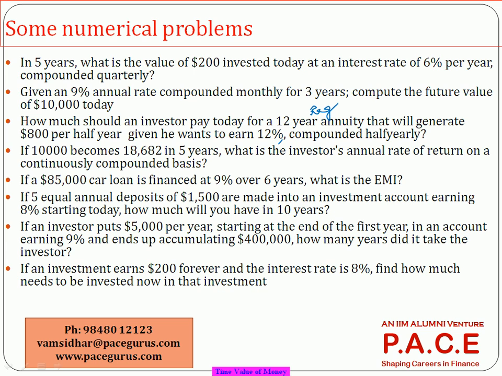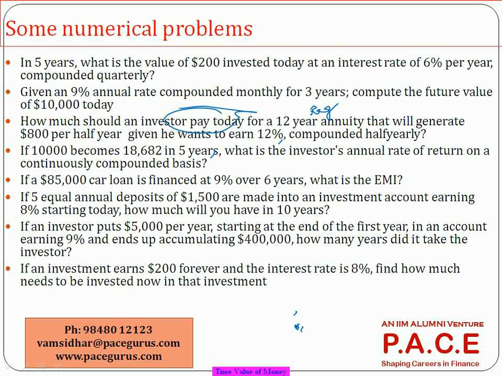What are all the various numbers I can enter here? First of all, what is it that I have to compute? He has to compute PV, because he has to find out how much should be invested today. Think of it like a typical bond question.